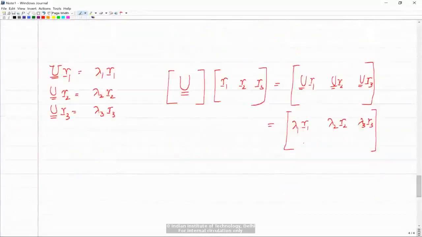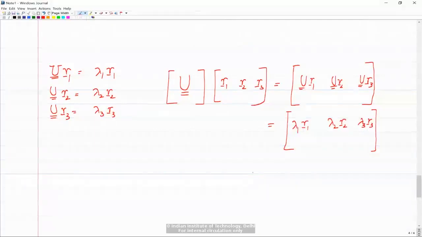Now you see what is this? It is just saying that each of the columns are to be scaled by lambda i's. First column is being scaled by lambda 1, second column is being scaled by lambda 2, and third column is being scaled by lambda 3.